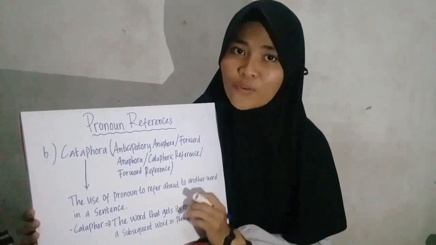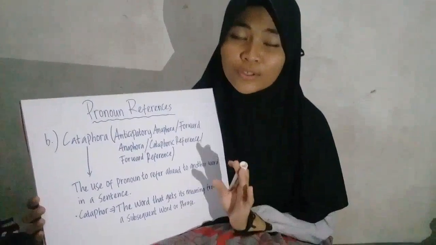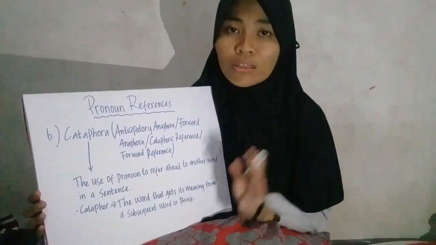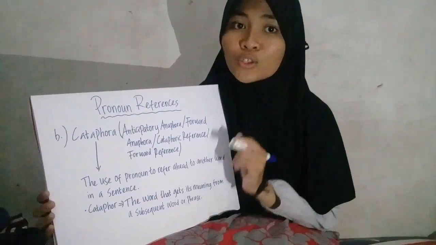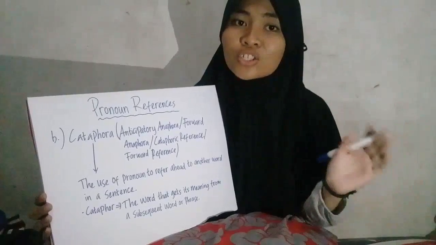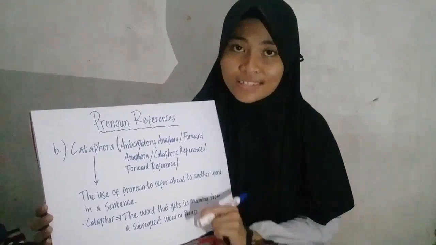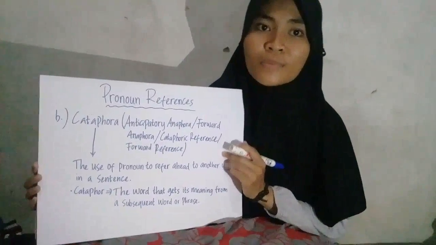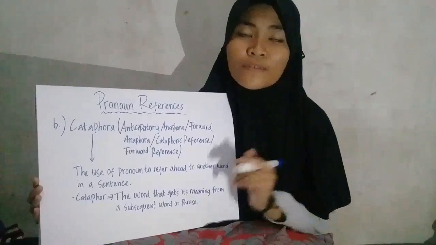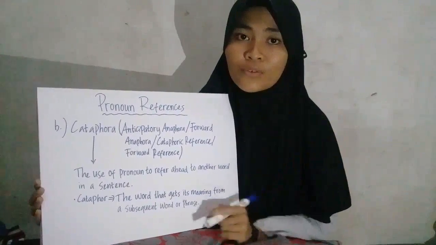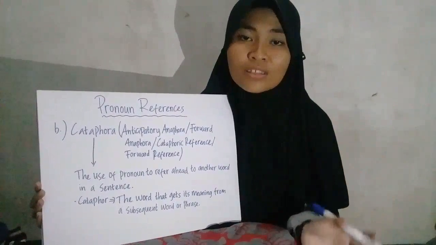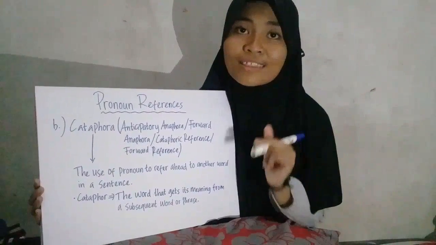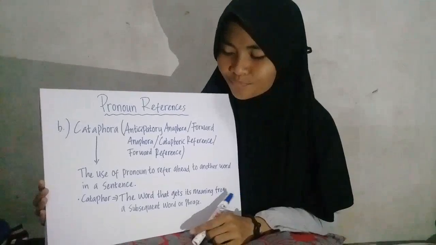Well, cataphora is the use of a pronoun or other linguistic unit to revert ahead to another word in a sentence. Well, just like anaphora, cataphora as part of anaphora is a reference to an item within the text itself.